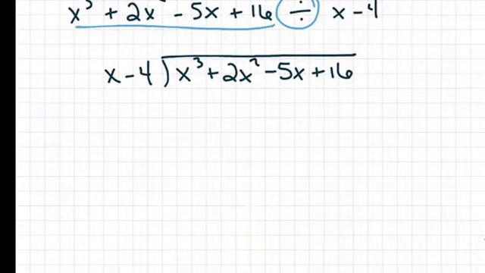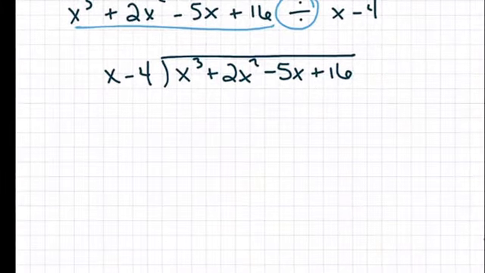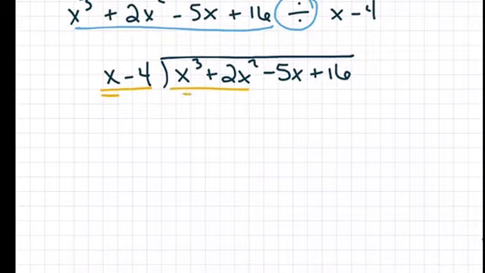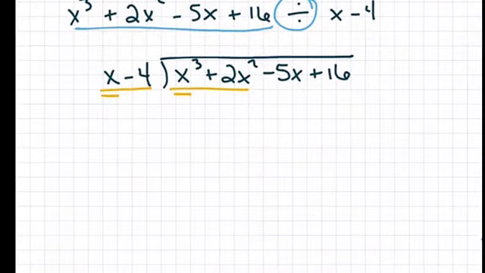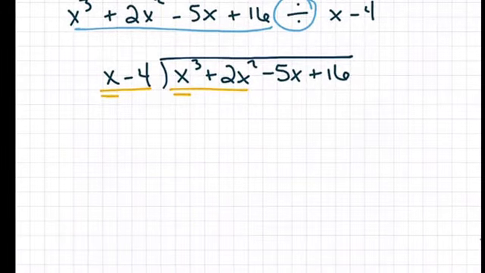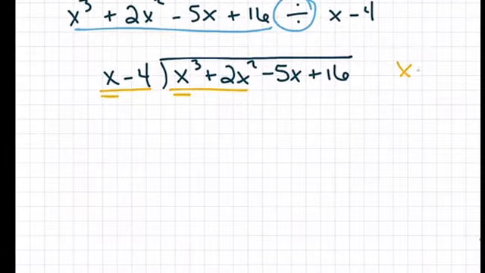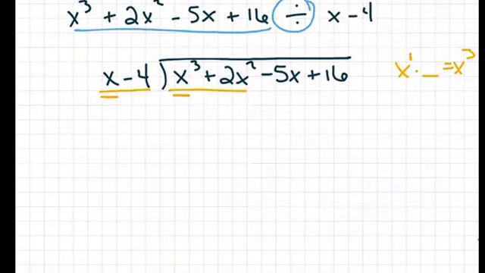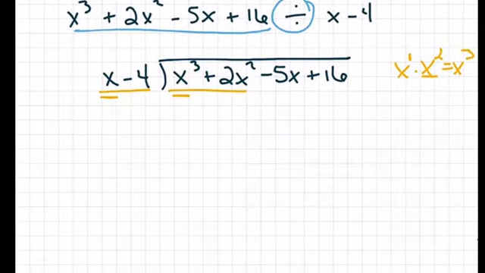Okay, so remember, I am looking at this binomial going into this binomial. To do that, I'm only going to focus on the first terms. So x times what gives me x cubed? Well, since we add exponents when we multiply like bases, 1 plus what gives me 3? 1 plus 2.